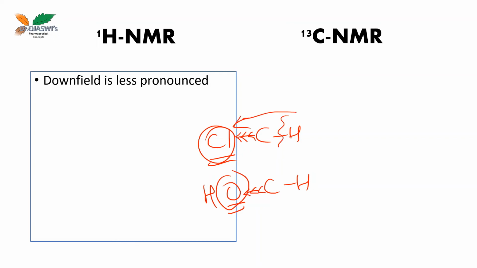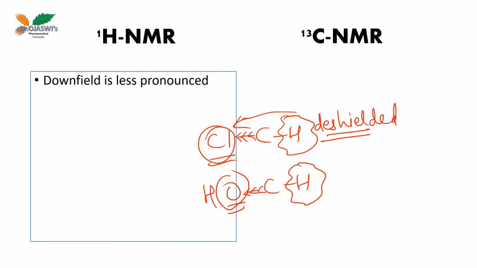The electron cloud or electron density is very poor here, so we call this particular hydrogen deshielded. In 1H NMR, this is the deshielding, and here I have said downfield. These deshielded protons have their peak appear downfield. Please try to recollect.